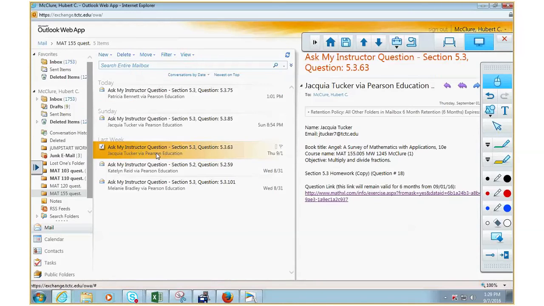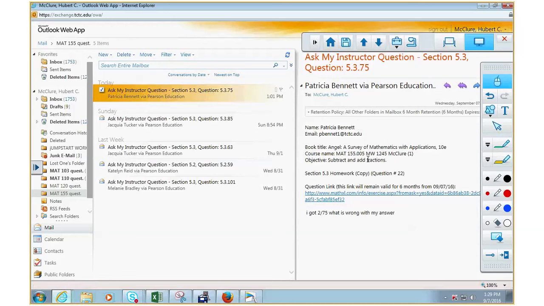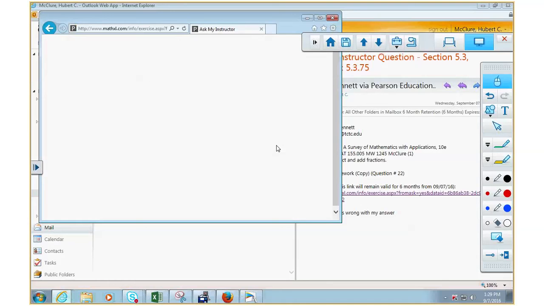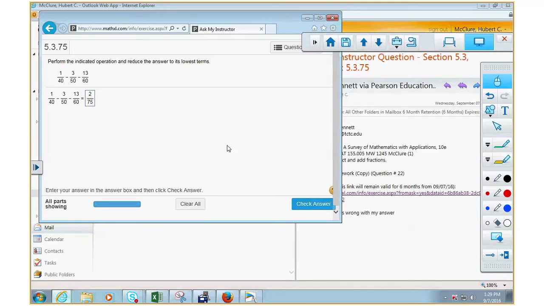All right, so we just did 5.363. So next would be 75, the one she just sent. This is 75/22. Oh yeah, this is a test question.